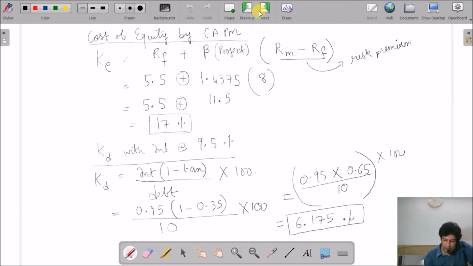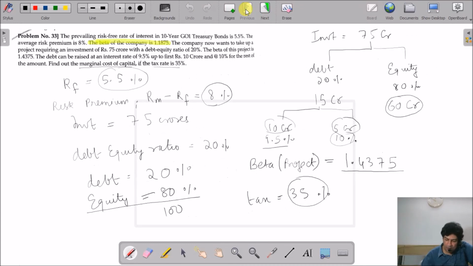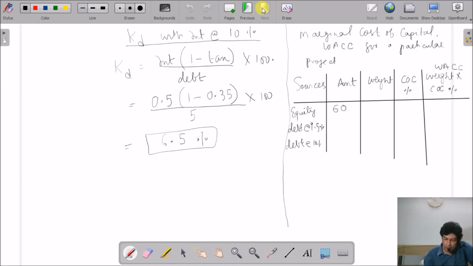For the 9.5% debt, I will be borrowing 10 crores, and then 5 crores for the 10% debt. So I require 75 crores of funds in my project. Now 60 I will be dividing by 75 to get the weight. 60 divided by 75, so 0.8 will be my weight.